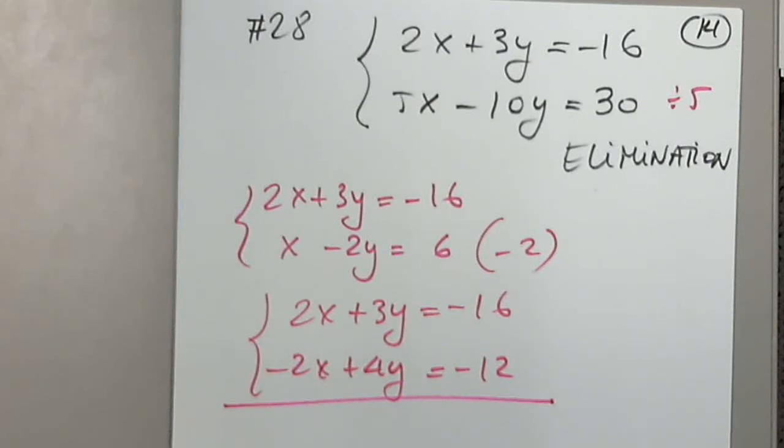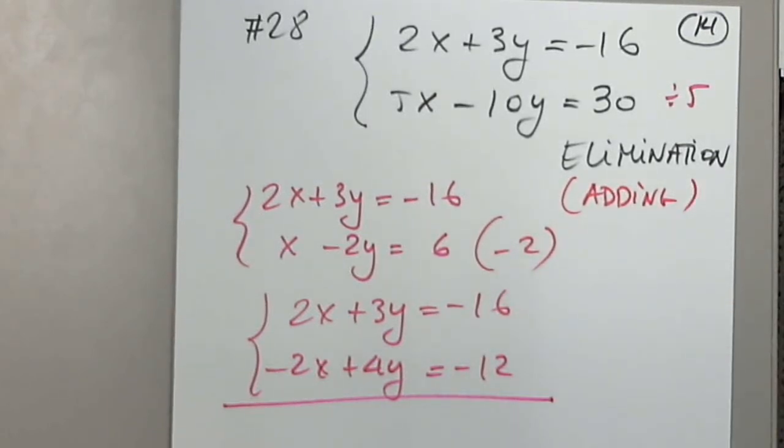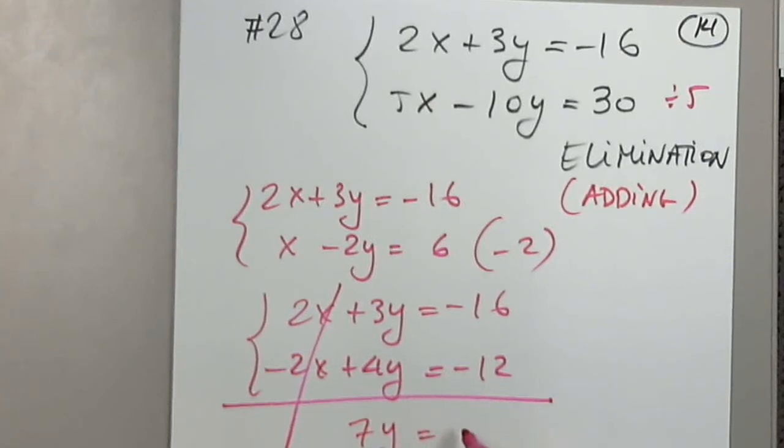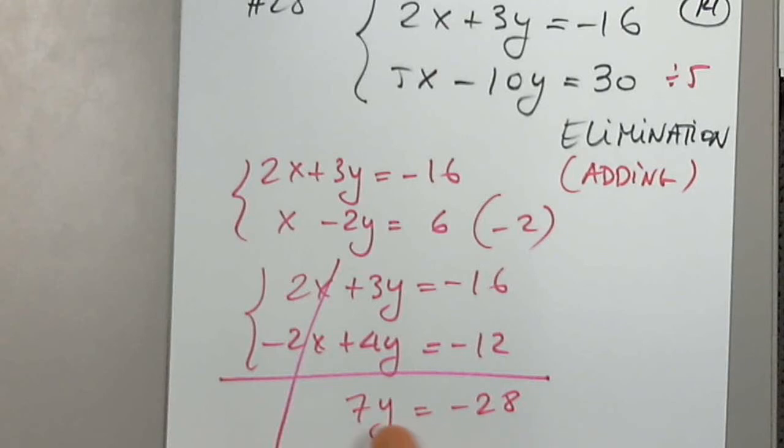And other books call it the adding method, whatever you prefer. So I'm adding. So obviously I divide by 7, so y equals negative 4.